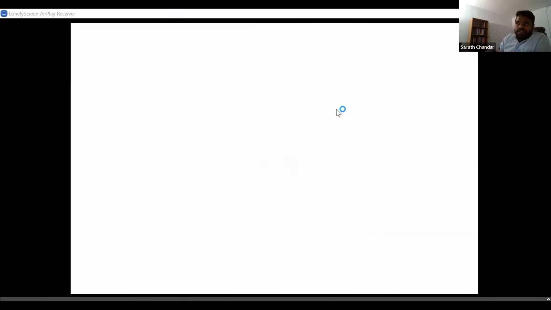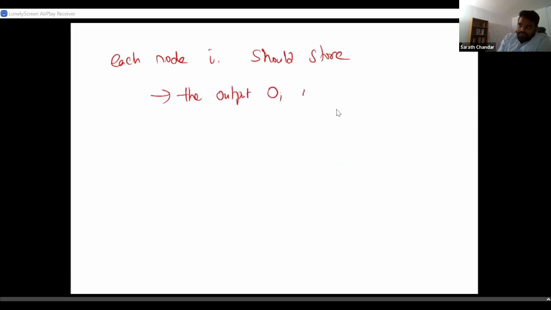Now, this basically means that each node I should store the output OI of the node in the feed forward step.